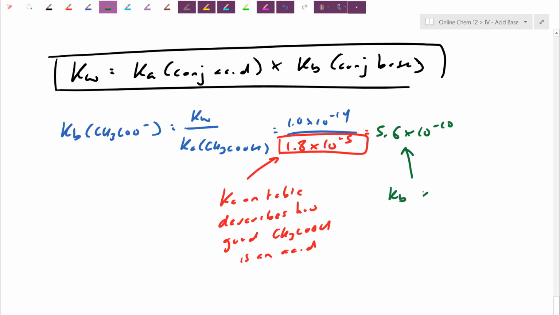The Kb describes how good my acetate ion, the conjugate, is as a base. People generally memorize this: Ka times Kb equals Kw. You have to be careful. It's not Ka of the same chemical. These have to be partners of each other. They have to be involved in the same expression.